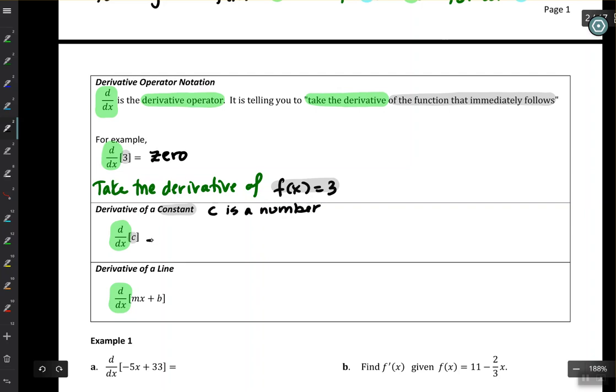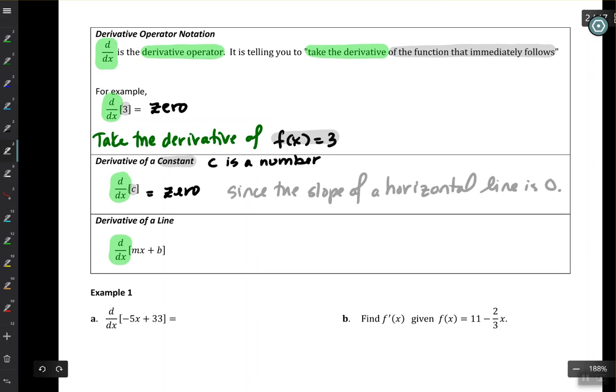The derivative of any constant is 0. Why? Since the slope of a horizontal line is 0. And the derivative of any line, mx plus b, is just going to be m.